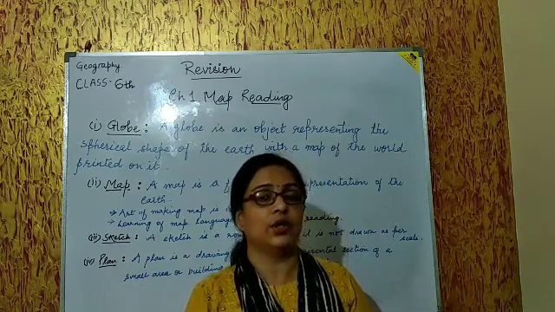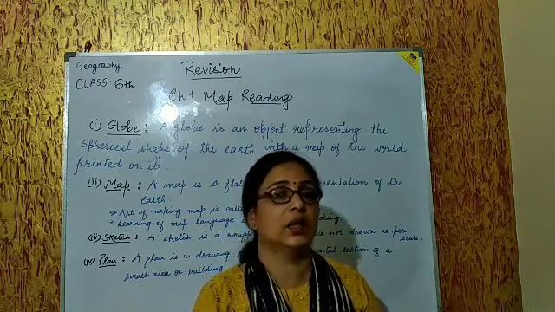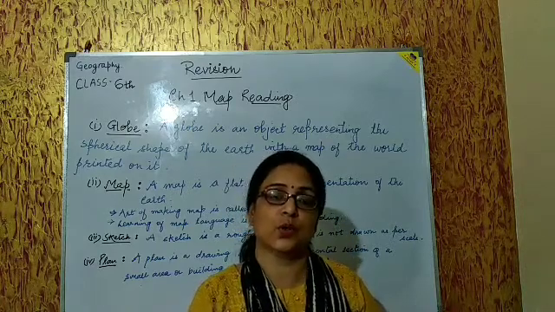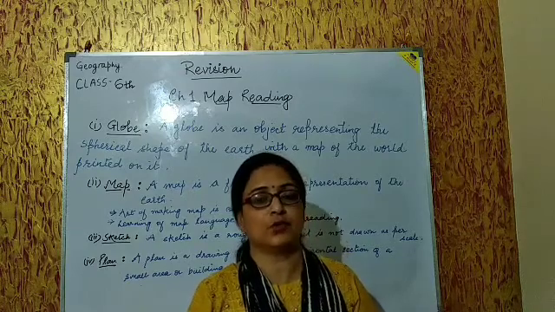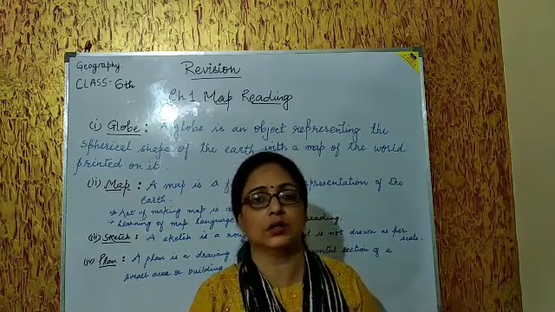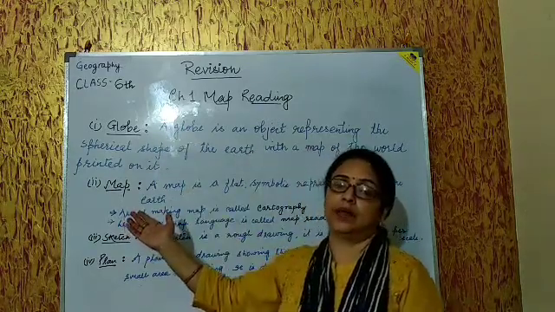We are going to know in detail about our earth, the different geographical and non-geographical features of the earth in this chapter. What are the different sources that help us to know in detail about the earth? They are globe, map and sketch.